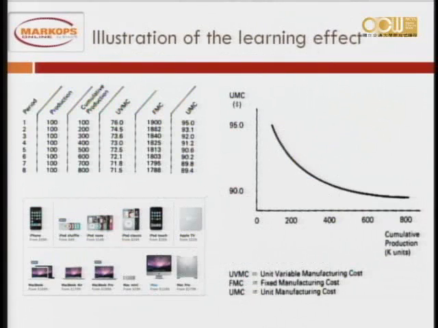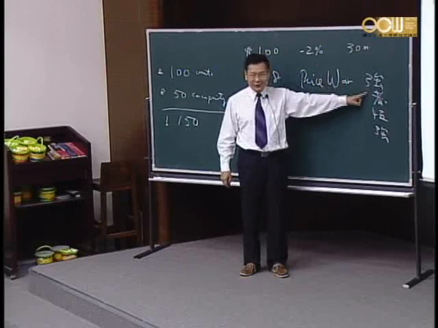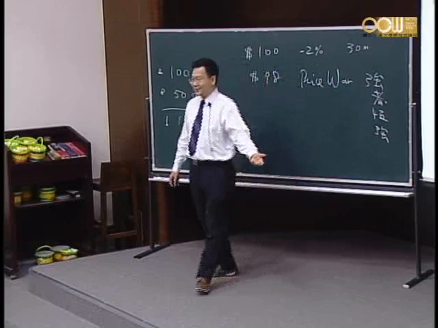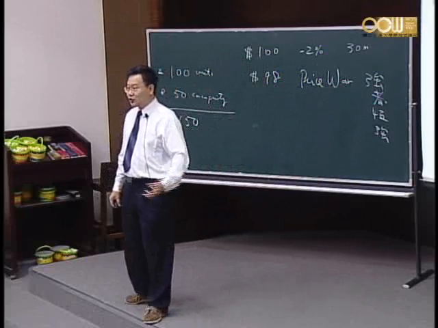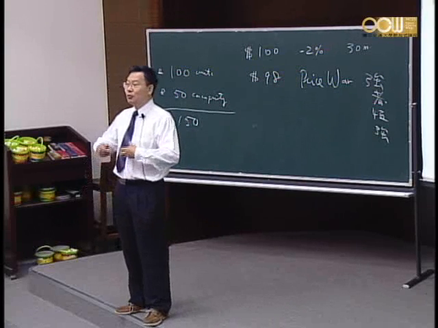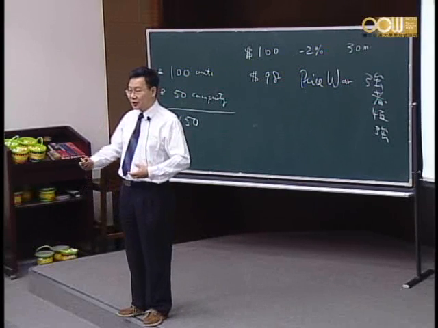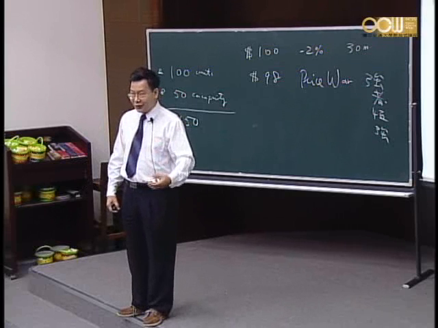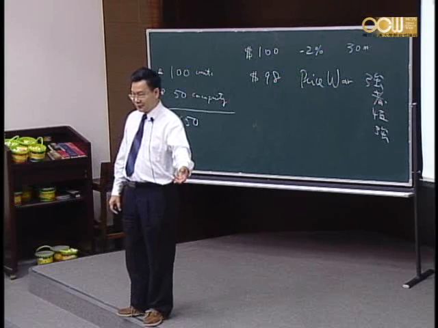These are learning curves, and you know that, all right? Learning curve is very easy. Learning curve is related to this one. What does this mean? If I am a very strong and powerful company and I produce more, my cost will be relatively lower than the small competitors.